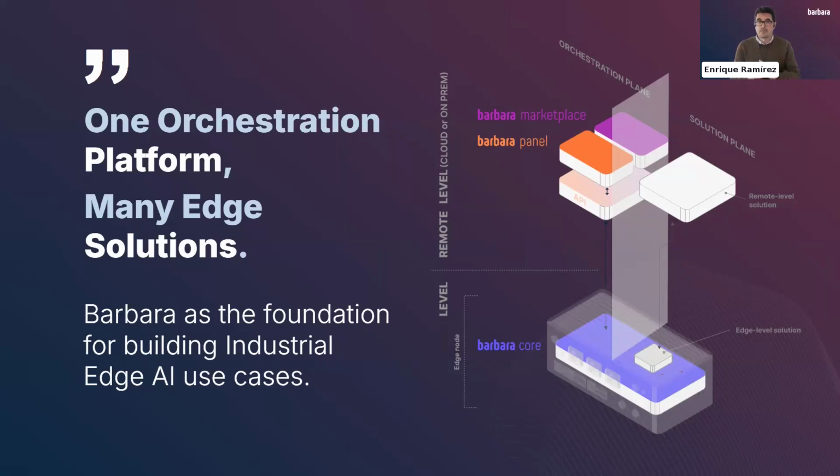You can create a virtual machine in any data center available in your company, and we can manage this virtual machine as a Barbara edge node also. When we're speaking about virtual machines, we're compatible with VMware, KVM, Hyper-V, so you have a lot of possibilities to create virtual machines and manage them using Barbara.